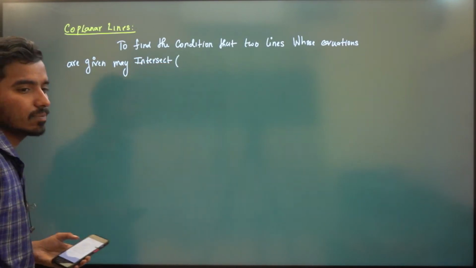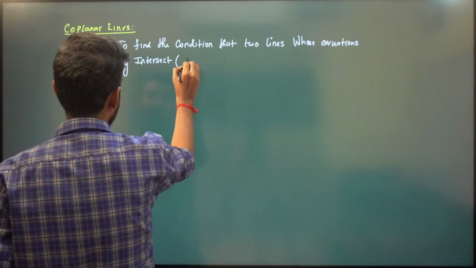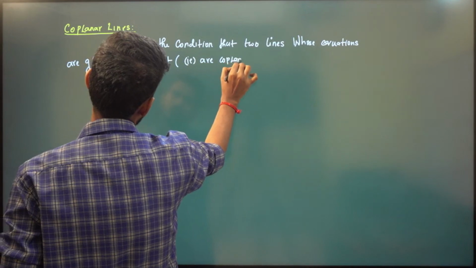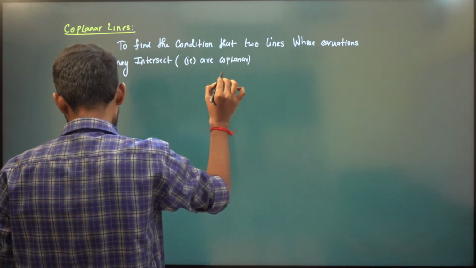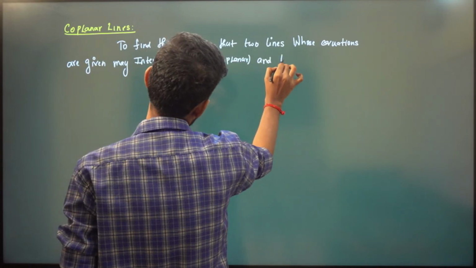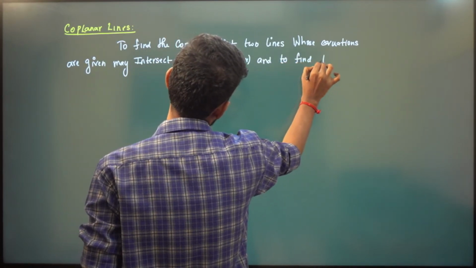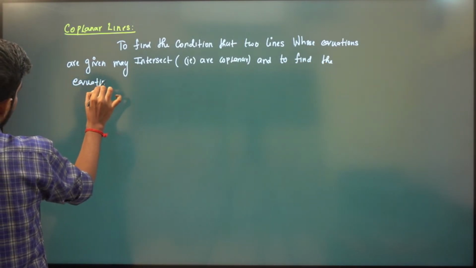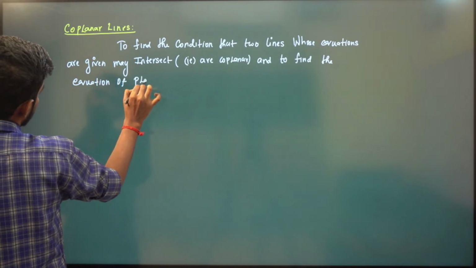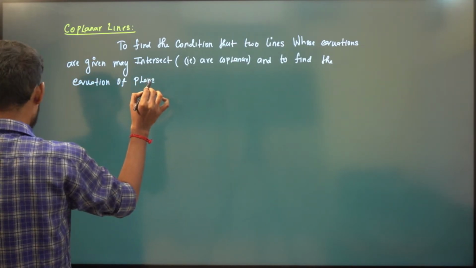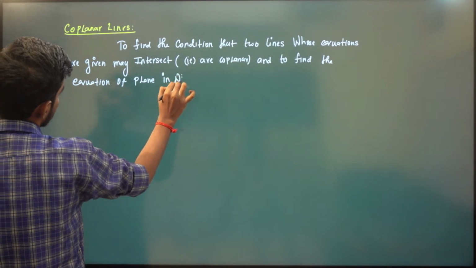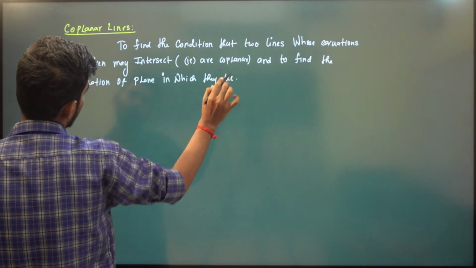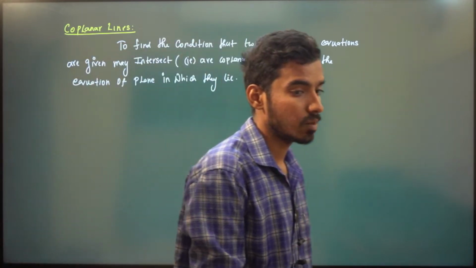Intersecting means they are coplanar. And then we find the equation of the plane in which they lie. This is what the first topic is about.